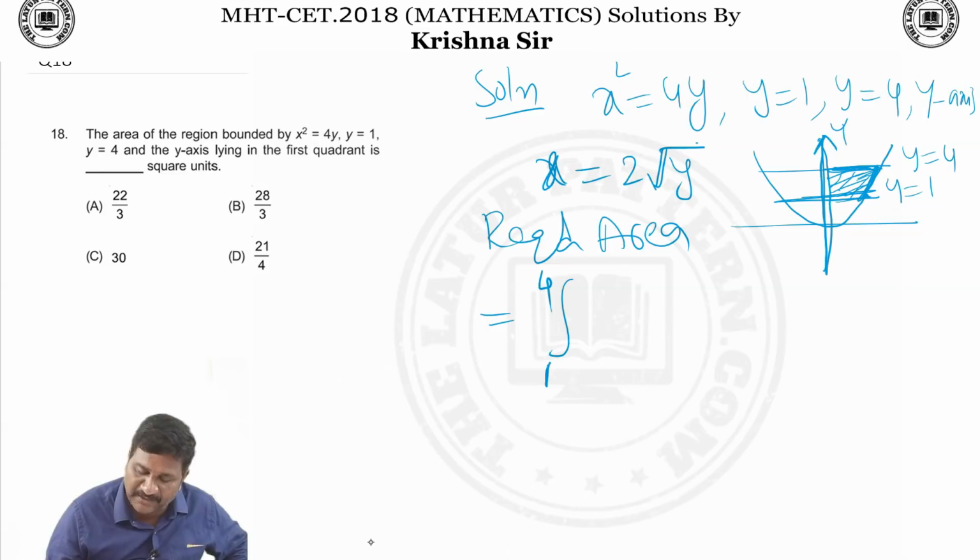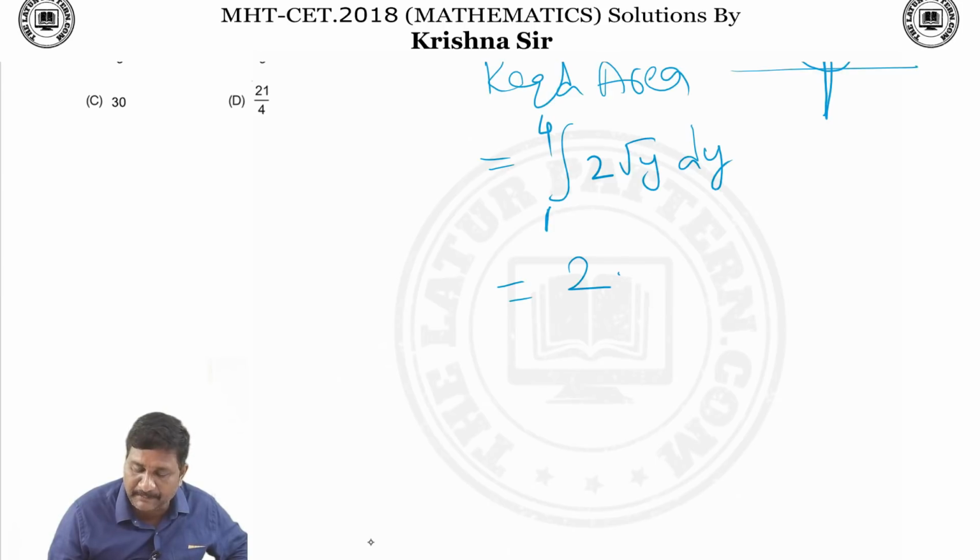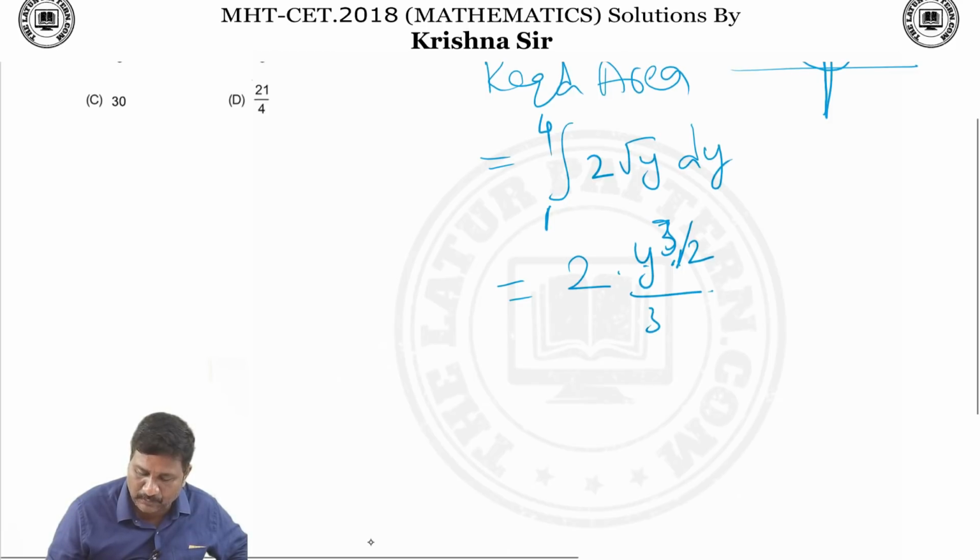And the curve is x equal to 2 root y dy. Now we are integrating 2 into y raised to 1 by 2. Its integration is y power 3 by 2 upon 3 by 2, whose limits are 1 to 4.